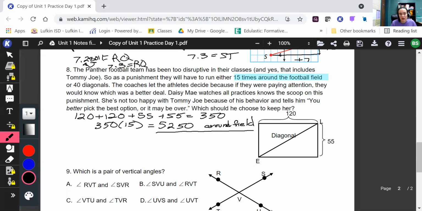And then we need to figure out the length of the diagonal. So we know two side lengths of a rectangle diagonal, so we can use Pythagorean theorem. So 120 squared plus 55 squared equals C squared.